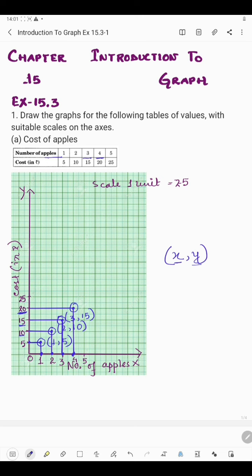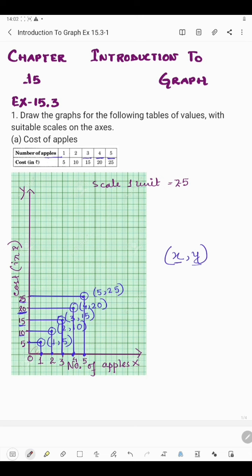So this is the coordinate 4, 20, in which the value of x is 4 and the value of y is 20. Next we have 5 apples. 5 is on the x-axis, and you have to pay 25 rupees. So from 5 again you will go up till here, because from here you come left to the y-axis, where here is 25. So this is the coordinate 5, 25. 5 is the value of x and 25 is the value of y.